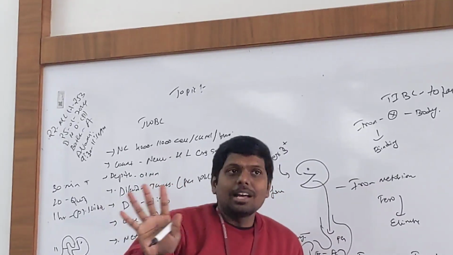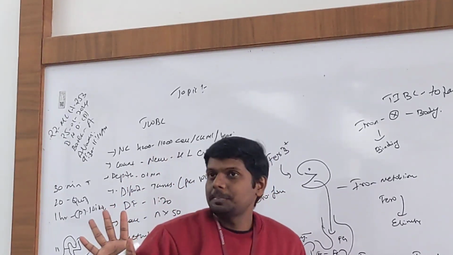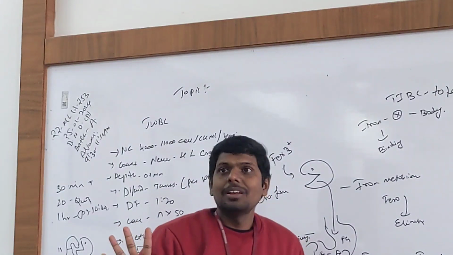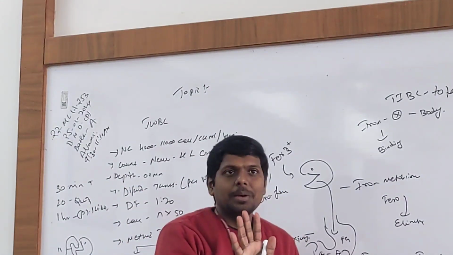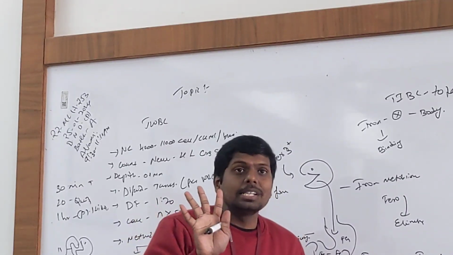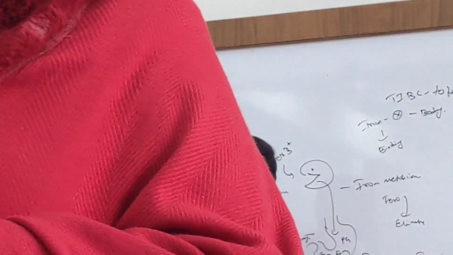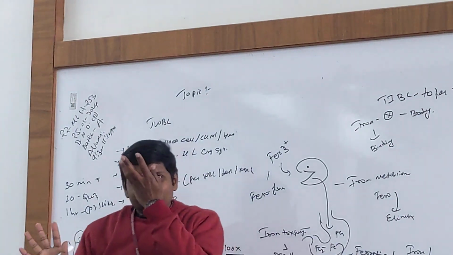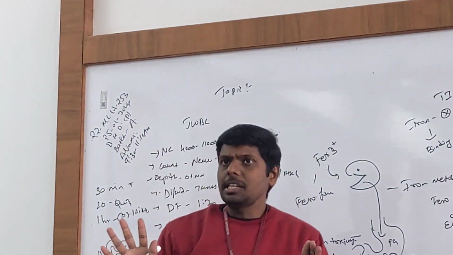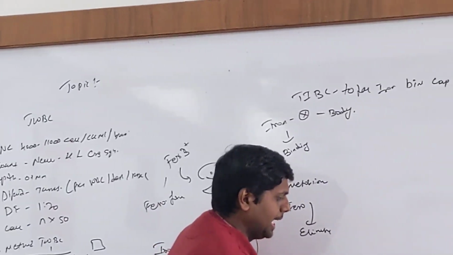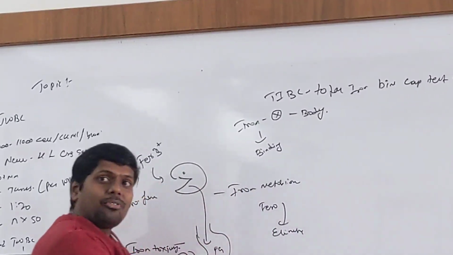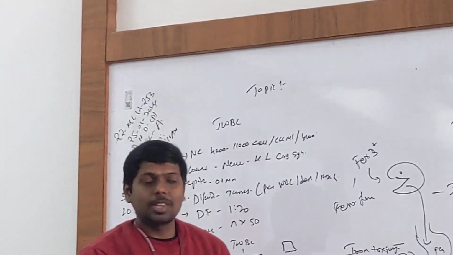Iron other than in hemoglobin is dangerous. Understood? Iron binding with protein is a safe form. Iron not binding with protein is a dangerous form. Is it clear, students? Is my concept clear? Iron in the presence of a protein is okay. Free iron in the body is a dangerous form that can kill you.